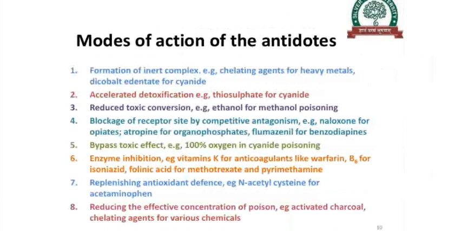When a person consumes cyanide ion or cyanide substances as a poison, dicobalt edetate will chelate the cyanide and render it ineffective as a poison. So the activity of the available drug is reduced, and that is why dicobalt edetate behaves as an antidote.